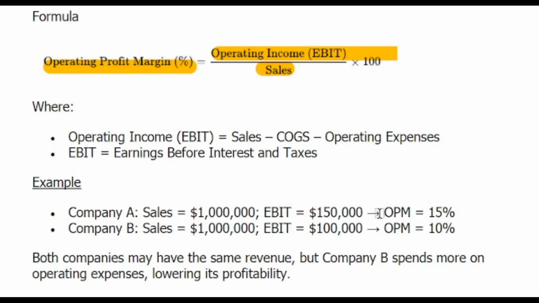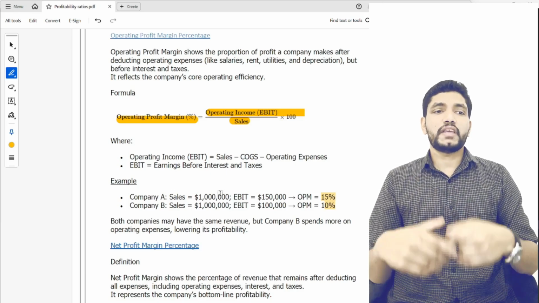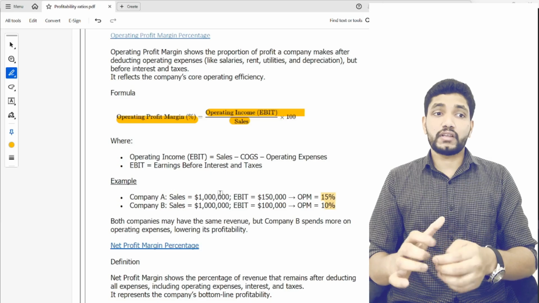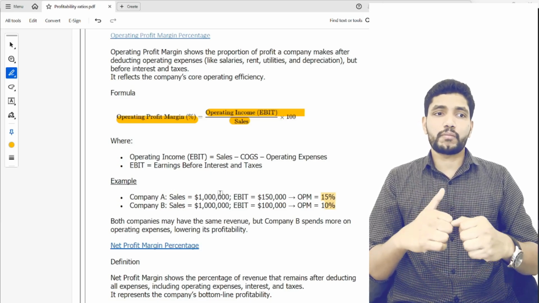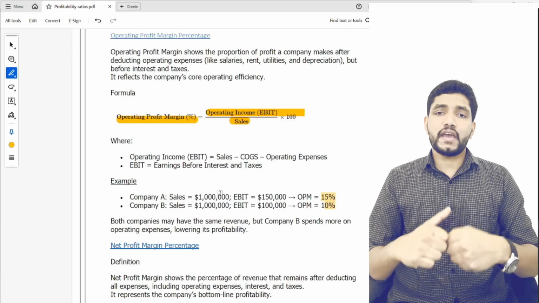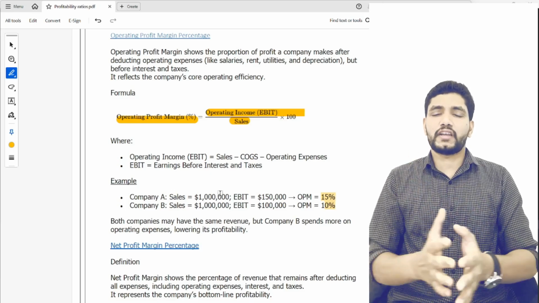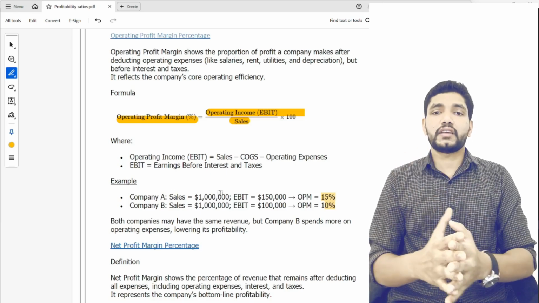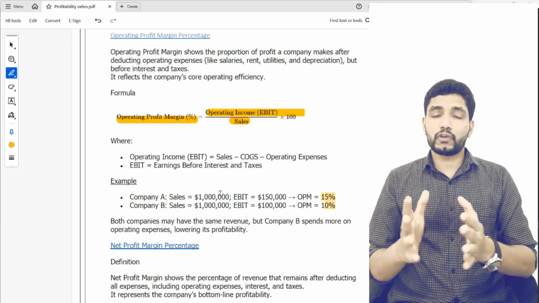In this case, the operating profit margin is 15% for A and 10% for B. So, as in the previous case, both companies have the same level of revenue, but when it comes to operating profit or EBIT and operating profit margin, company A is doing better because its operating margin is 15%, whereas company B's operating profit margin is 10%.